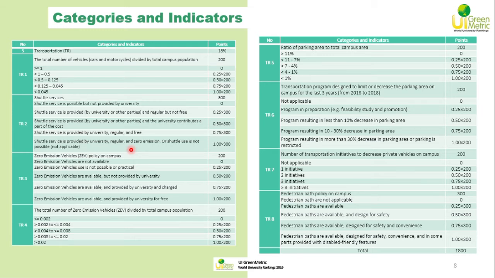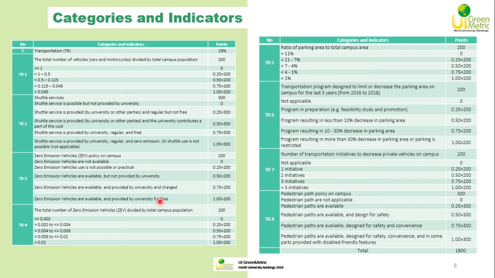And for zero emission vehicles, the requirement includes two things. One is that your campus provides free zero emission vehicles, and that is criterion 3. Free zero emission vehicles provided for the campus.